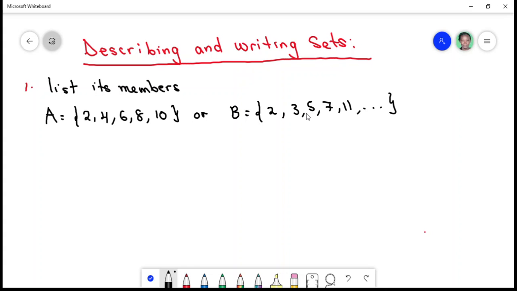But I am listing the members of prime. The dots here after my 11 mean what? There are members of B that are missing. It means that it doesn't only end at 11, but there are more members.